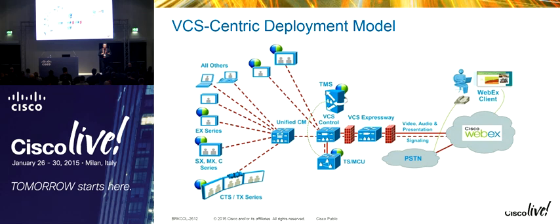Then the second step, when the meeting starts: the MCU, the bridge, will create a connection into the cloud, and that connection will be routed through the call control, VCS Control, and Expressway, and then connect into the cloud. So from a security point of view, it's an outbound connection.